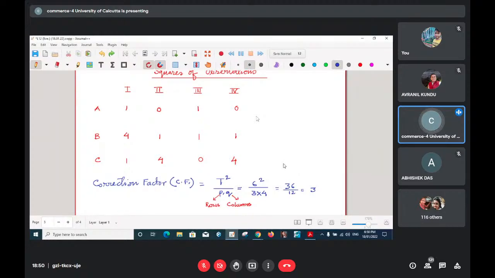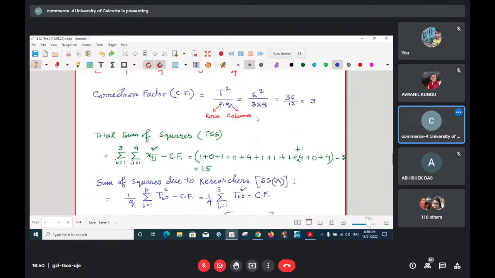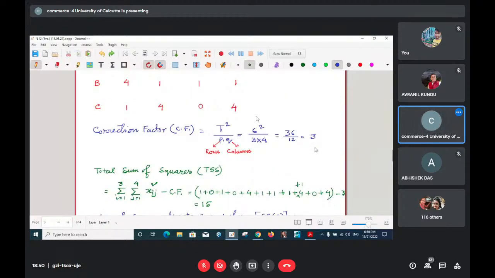If I assume researchers are factor A of variation and consignments are factor B of variation, I would like to write sum of squares of factor A. Sorry, before that I would like to calculate the total sum of squares. I forgot to mention this one. Sum of squares of a factor comes after the total sum of squares.